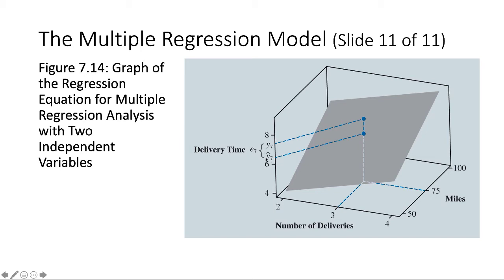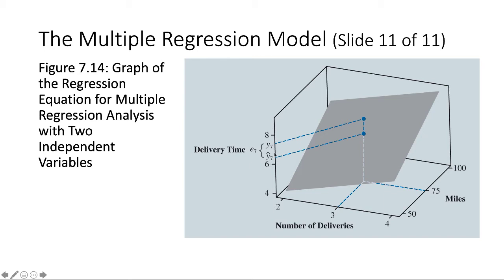So this is the error between the predicted y and the actual y. The predicted delivery time and the actual delivery time. The difference is the error or residual. And that one is at observation 7 that has 3 deliveries and 75 miles driven.